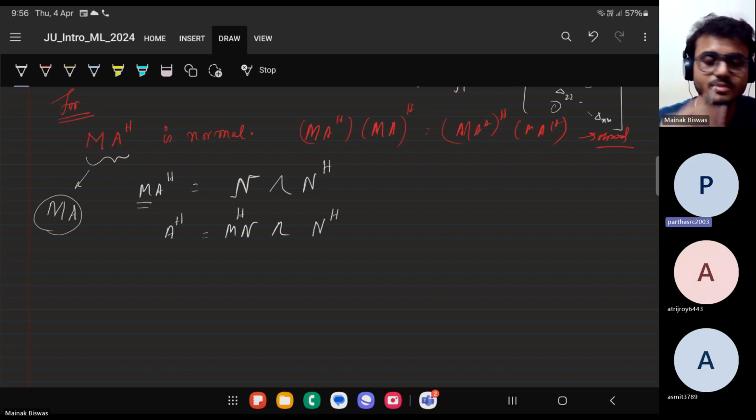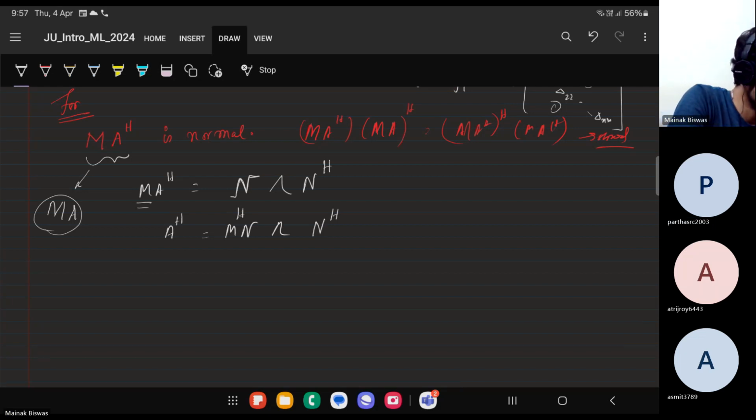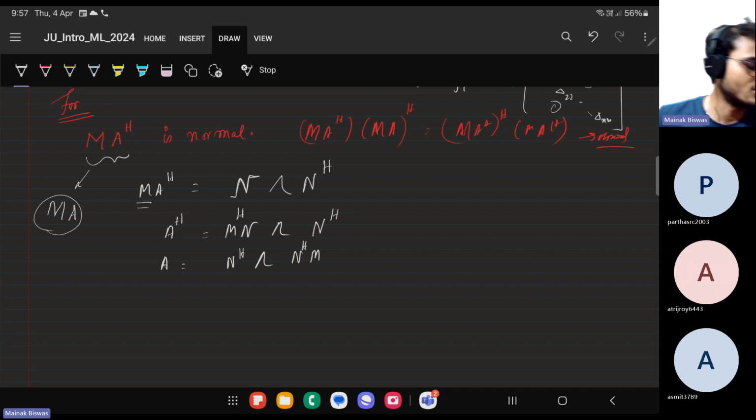Okay. Since M is unitary, as you wrote, I can write A as M, n Hermitian, n Hermitian M. This N Hermitian will come here, and sigma, this lambda will come as N Hermitian M. Yes or no?